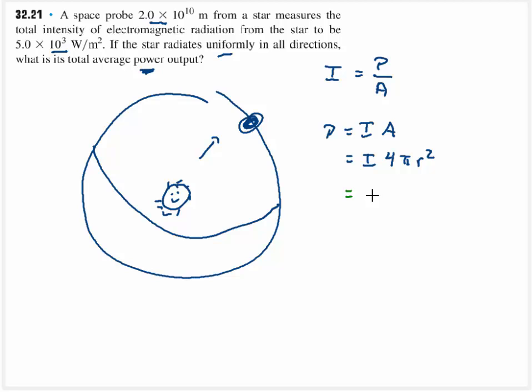So now it's a simple matter of saying we got our 5 times 10 to the 3rd. We got 4, and we have pi. Then the radius is going to be 2 times 10 to the 10th meters. Make sure you remember to square that. And we're going to come out with 2.5 times 10 to the 25th with the unit of watts.